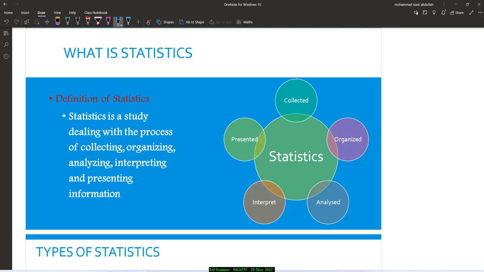Definition of statistics is about dealing with the data, so how information, commonly known as data lah, is being collected, organized, and then analyzed. And once you already analyze the data, we got the result, then we interpret the result and present the result. So this is the definition of statistics.